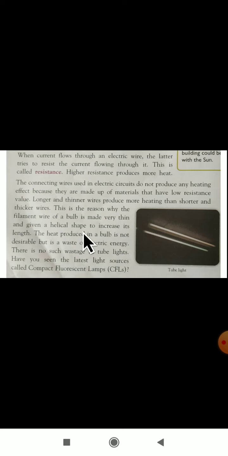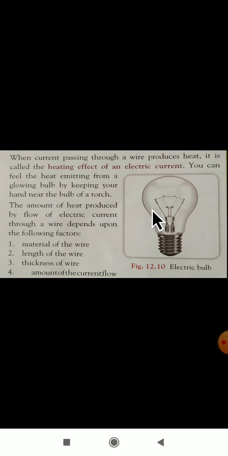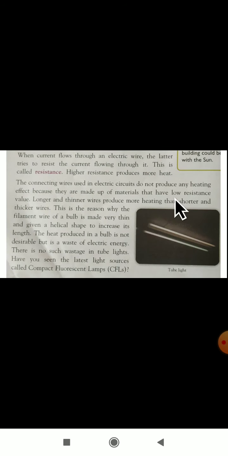Why is it made so thin? Because it will give more heat here. Helical shape is nothing but a coil, which you can see here, to increase its length.